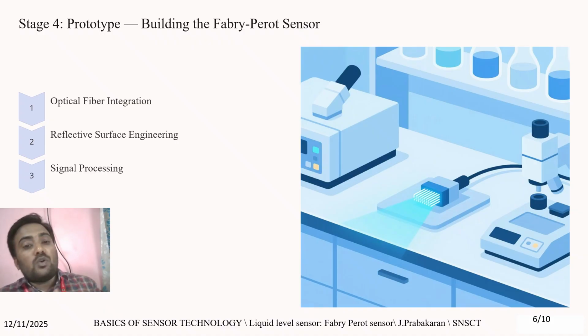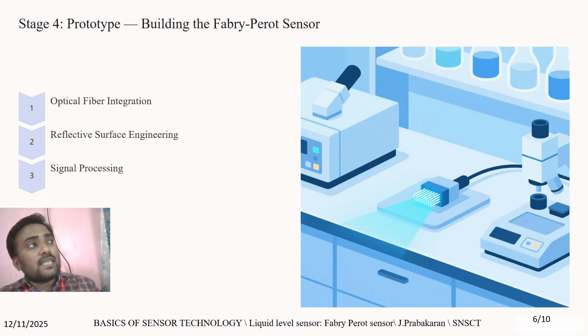The Fabry Perot sensor operates on the principle of optical interference between two parallel reflective surfaces, forming what is known as a Fabry Perot cavity. As the liquid level changes, the cavity length varies, which leads to a measurable shift in the interference pattern transmitted through an optical fiber.